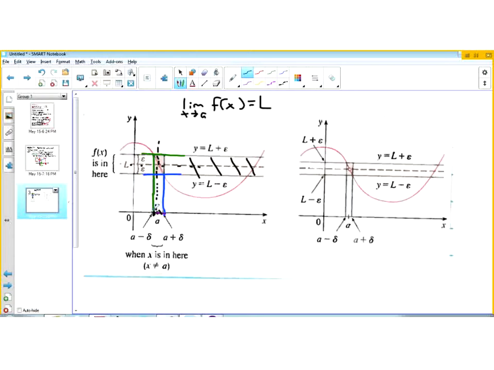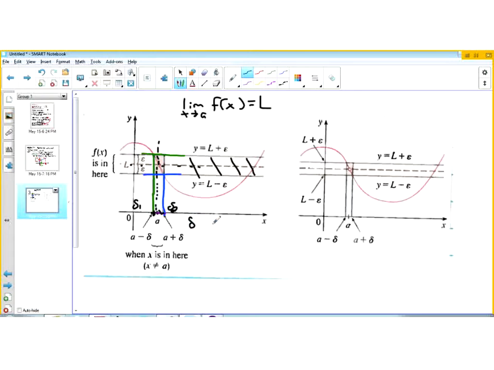In other words, A is not in the center of the interval. So for instance, let's call this point delta 1, and we'll call this point delta 2. It may be the case that A minus delta 1 does not equal A minus delta 2. These two distances may be different.